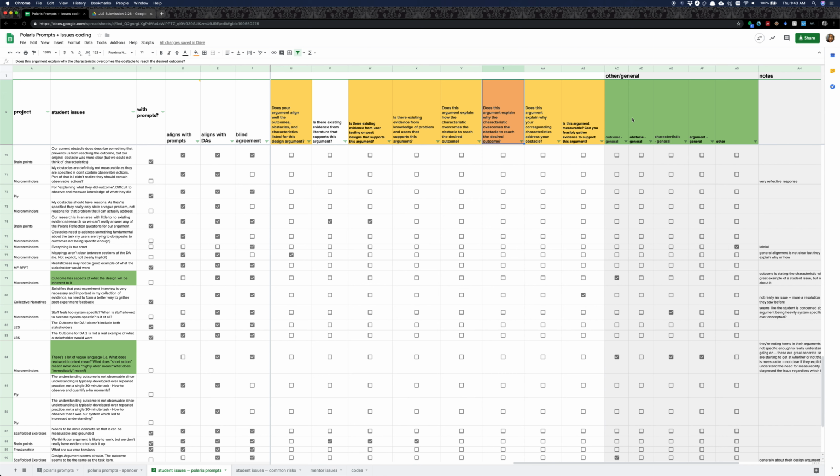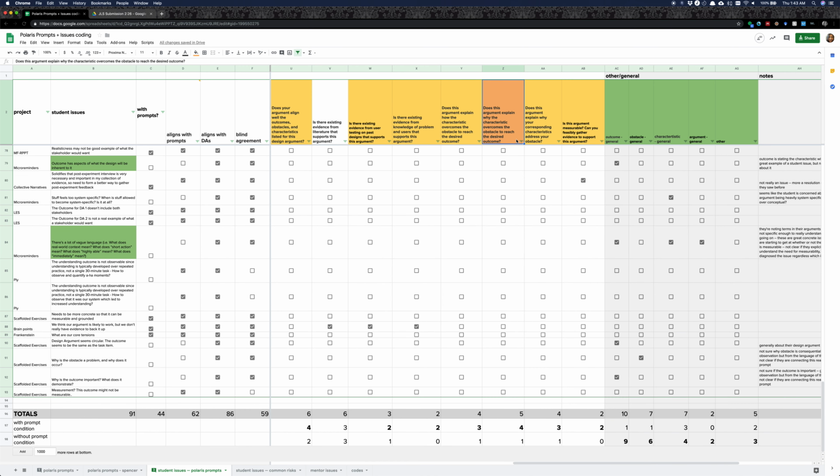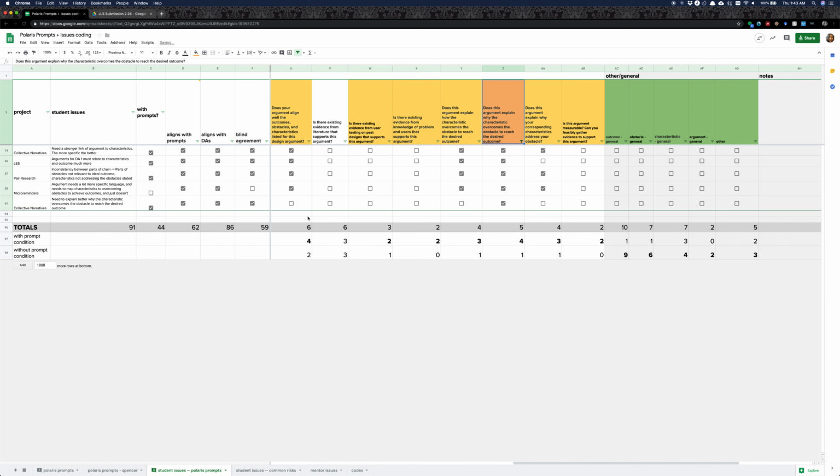If we look at these examples, a lot of these are students being able to highlight specific ways in which their chains are breaking down that align with this prompt.